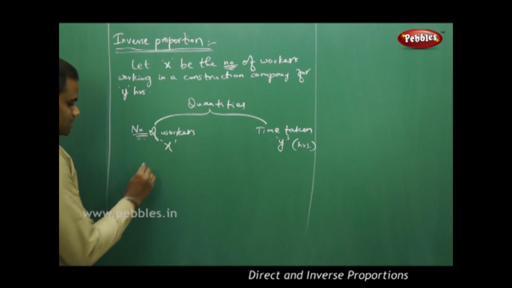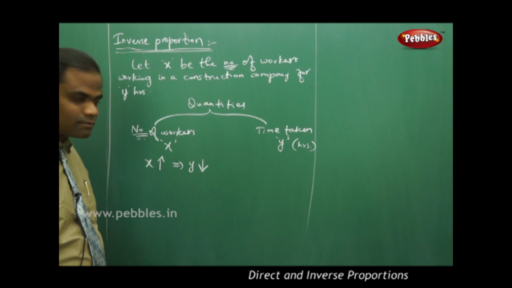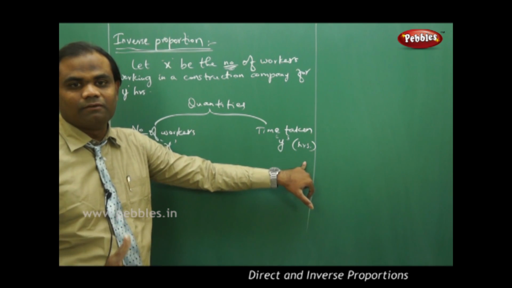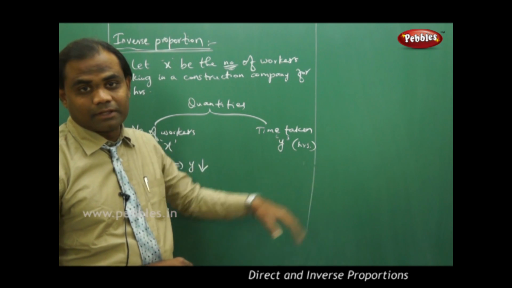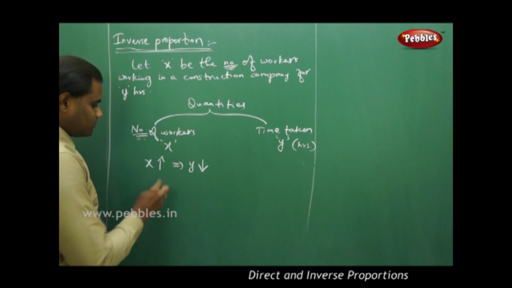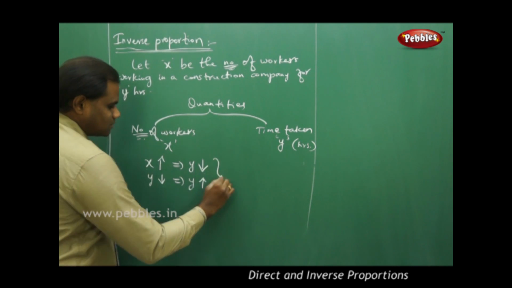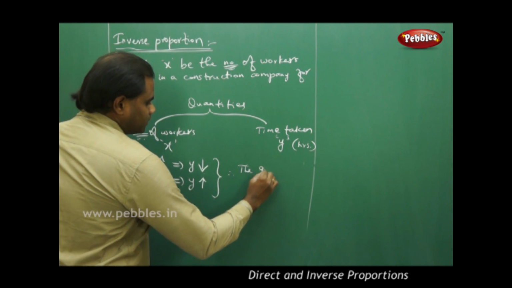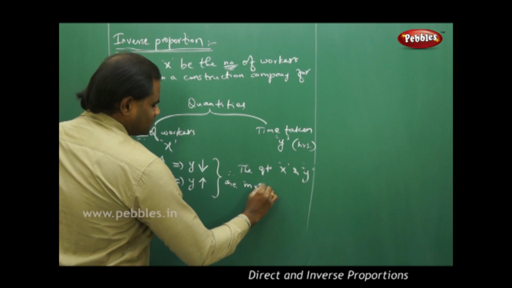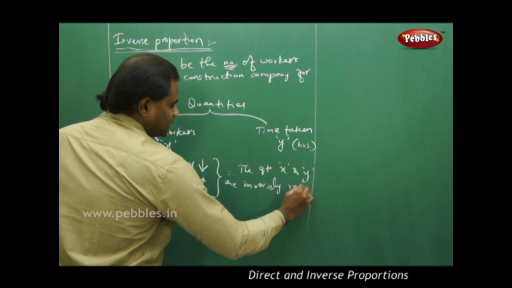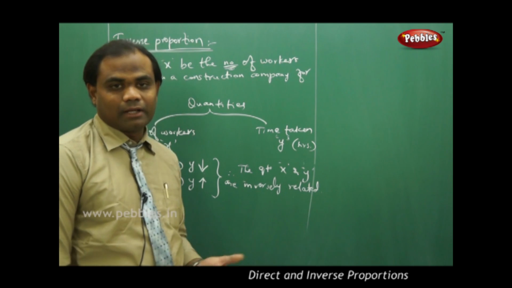So therefore, I understand here that when X increases, Y decreases, because when the number of workers increase, they complete the work in less span of time. When the number of workers is less, they take more time to complete the given task in the construction company. So when X increases, Y decreases, and when X decreases, Y increases. Therefore, the quantities X and Y are in inverse proportion, are inversely related. So this is how I understand the inverse proportion through the real life example.